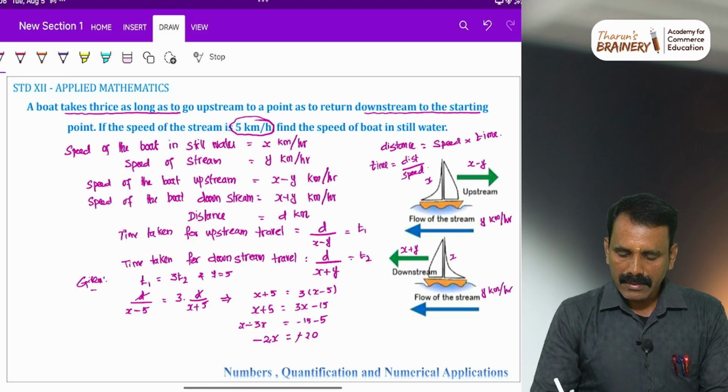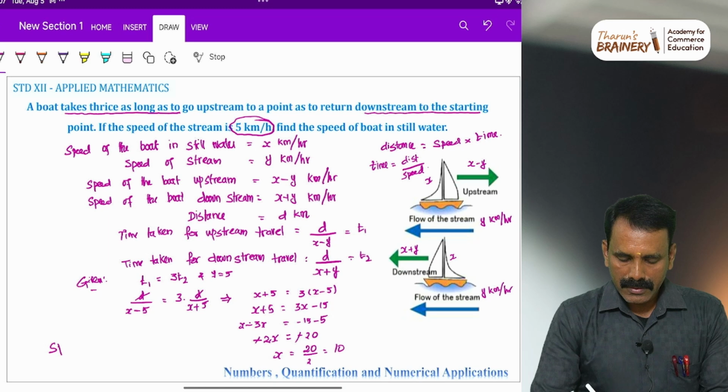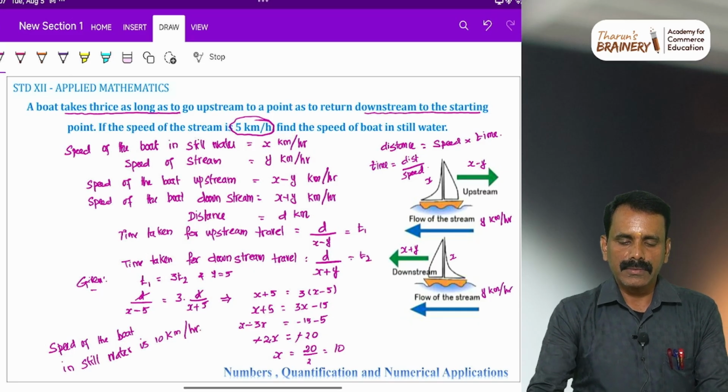So we cancel minus on both sides. So x is equal to 20 divided by 2, which is nothing but 10. So the speed of the boat in still water is 10 kilometer per hour. So this is the answer.